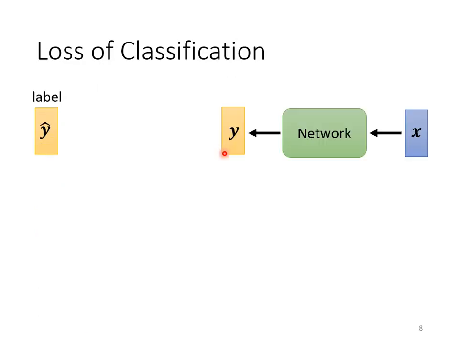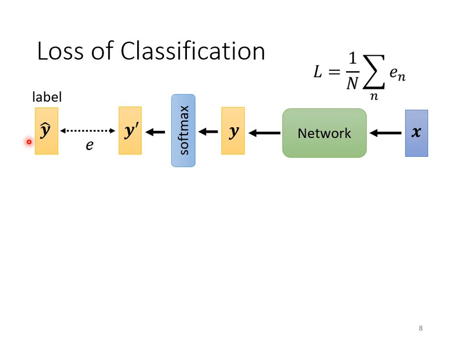So after we input x to a network and generate y, we will get y prime through softmax. Then we calculate the distance between y prime and y hat. This distance is denoted by e. There is more than one way to calculate the distance between y prime and y hat.